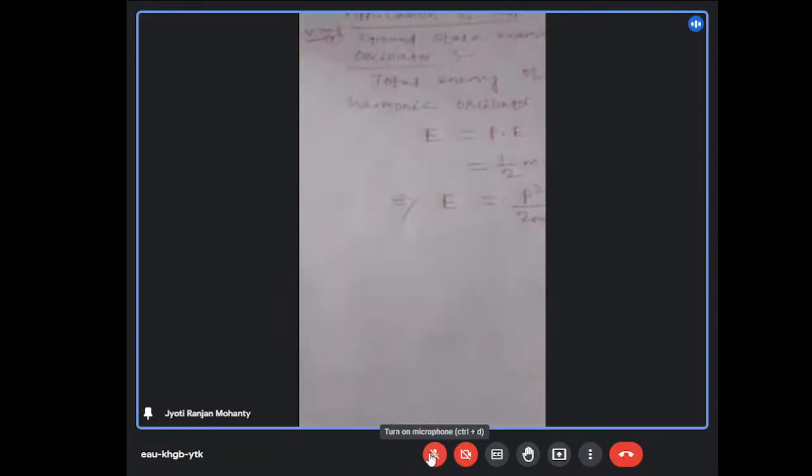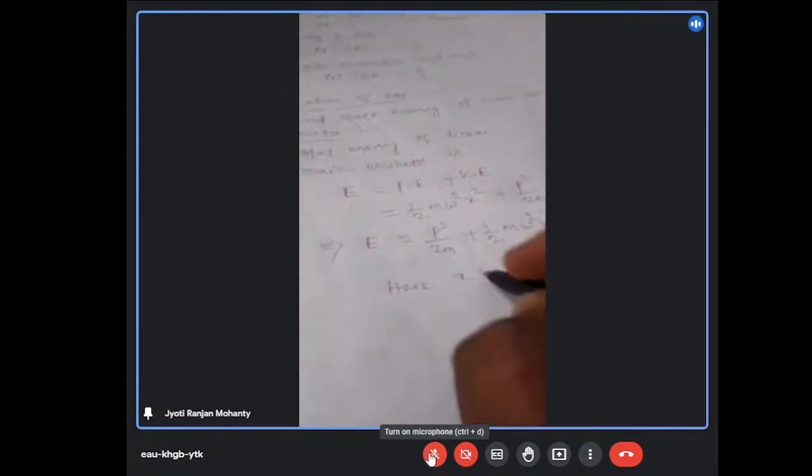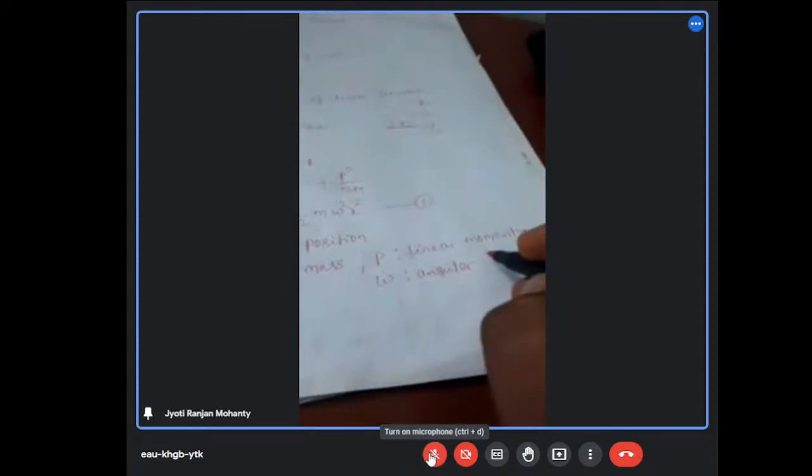The symbols you are already acquainted with: x is the position of the particle, m is the mass, p is the linear momentum, omega is the angular frequency. We got the total energy.